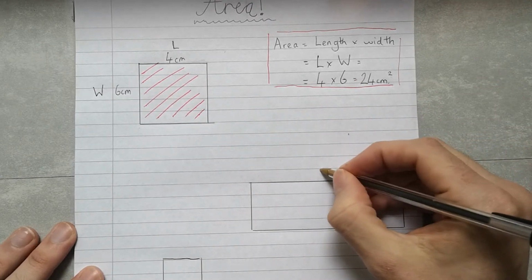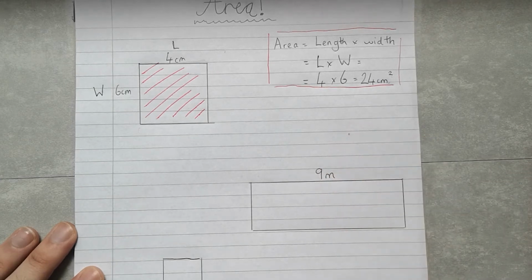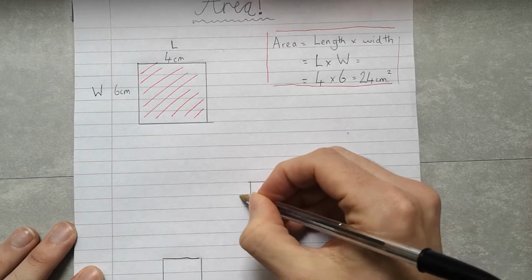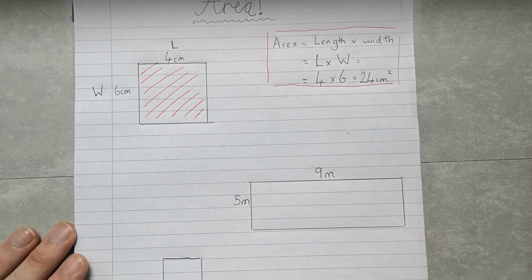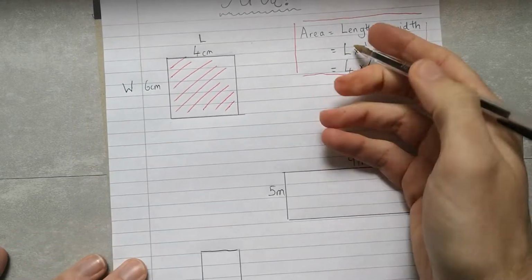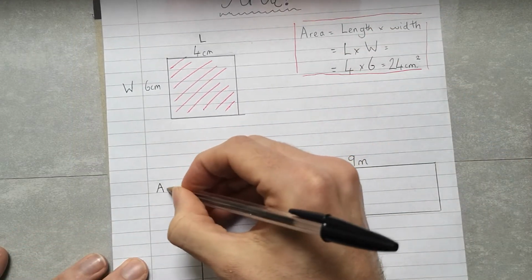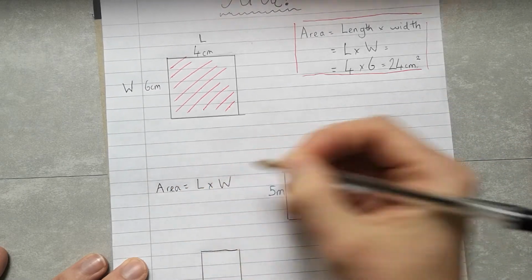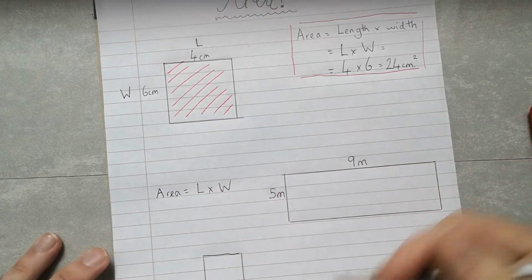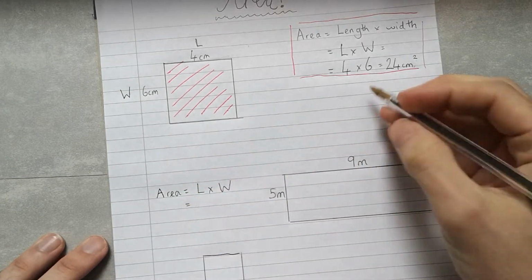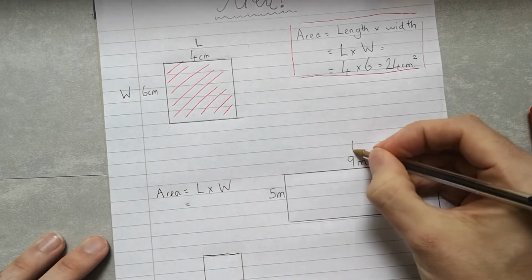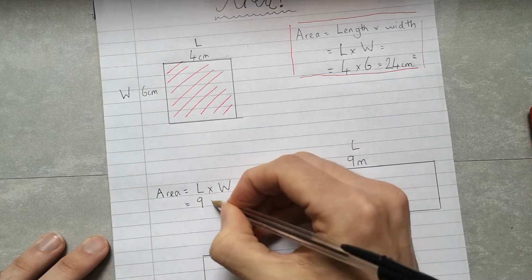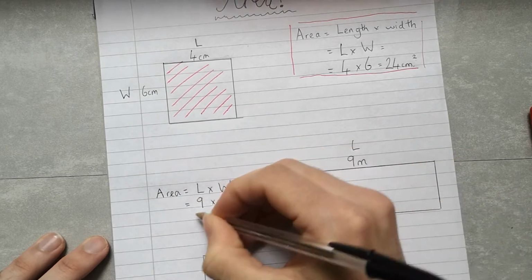So let's have this one as 9 metres, and this one as 5 metres. Same thing here. I'm going to put area equals length times width. You should be going along with me now. My length is 9 and my width is 5.